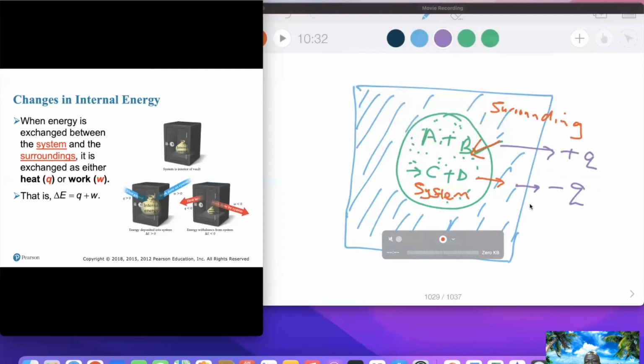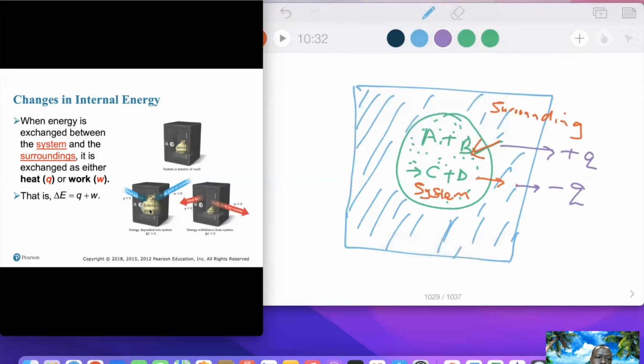So this is the notation which will represent this. Now, as far as the work is concerned, if it is getting into the system, we are adding W, and that is why here work is greater than 0, which is positive. But if it is getting out of the system, we are subtracting, negative W.